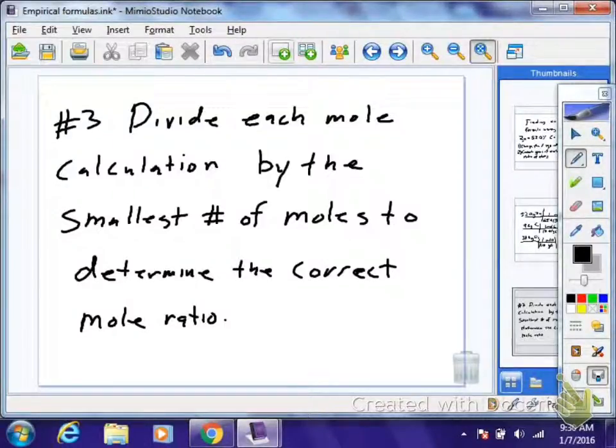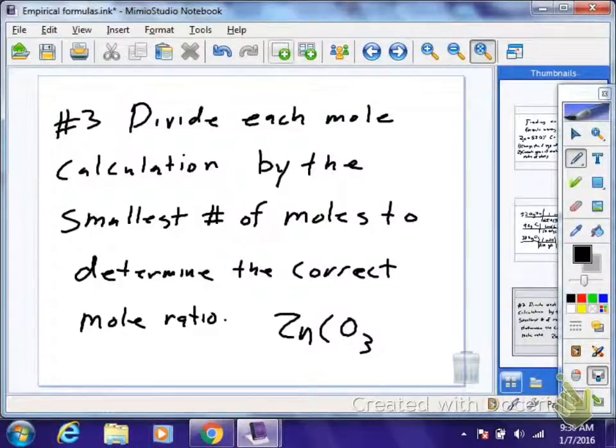If we round to the nearest digit, that gives us a whole number. So our formula for that one would be ZnCO3. We just write the symbols, and if they're 1, we just write the symbol, and if there is a 3, we use that as a subscript. So ZnCO3.